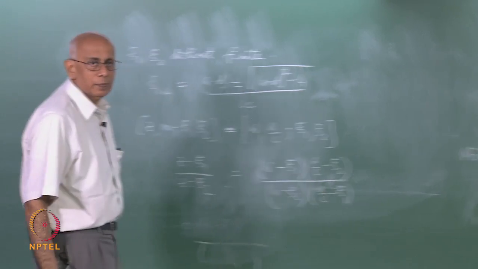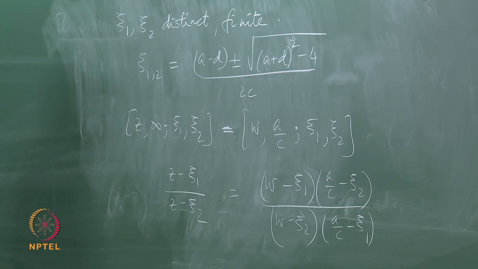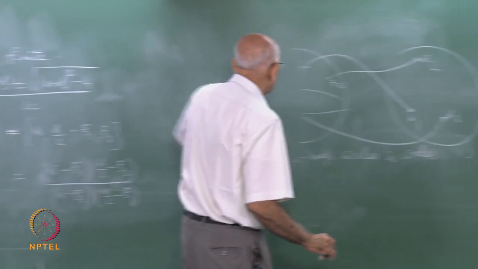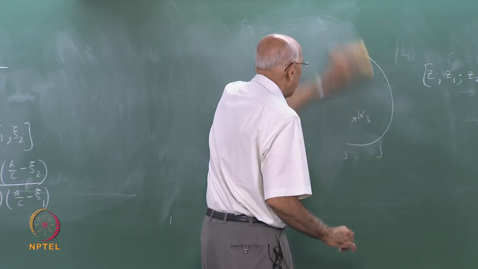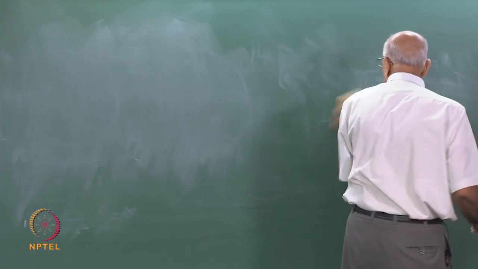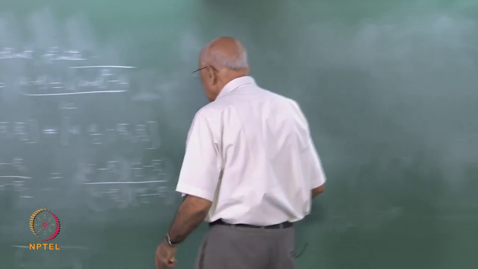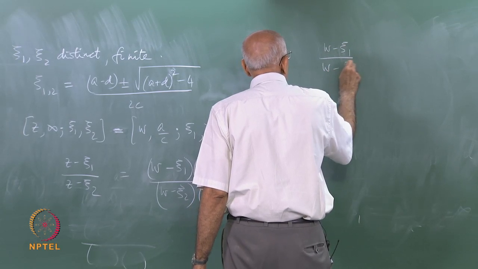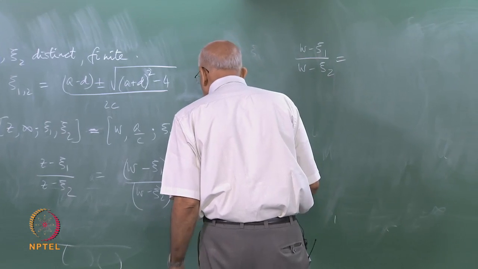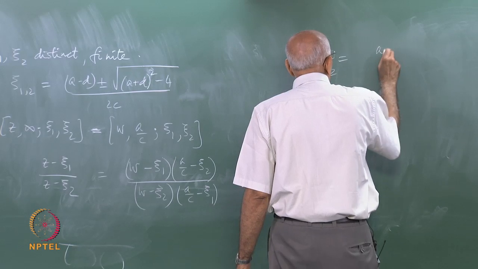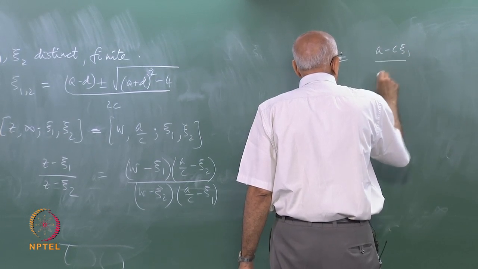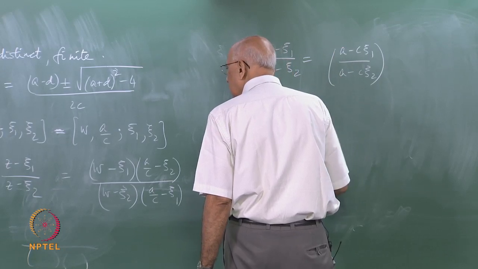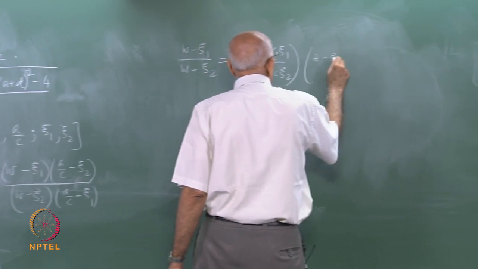This must be true. It therefore says that (W minus Xi1) over (W minus Xi2) is equal to (A minus C Xi1) over (A minus C Xi2) multiplied by the same ratio.